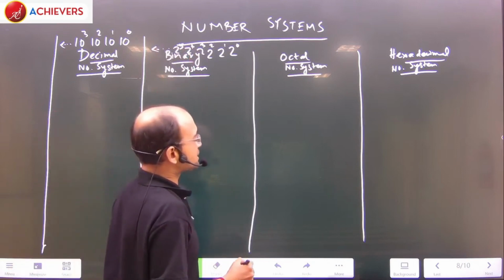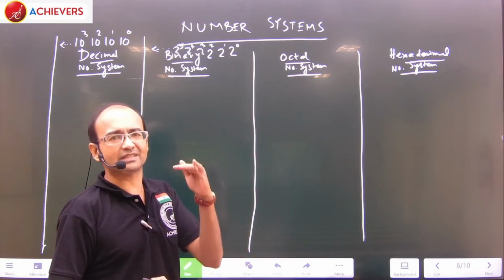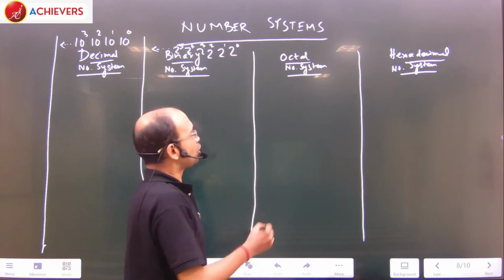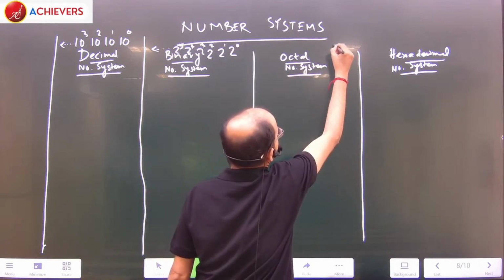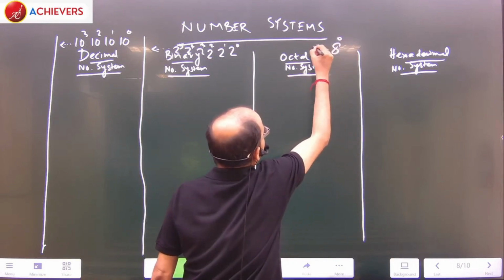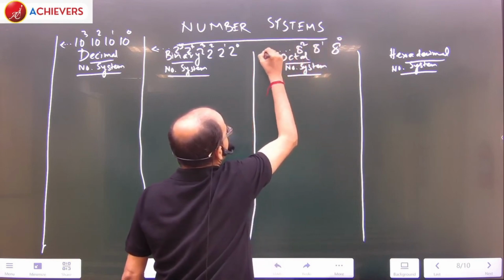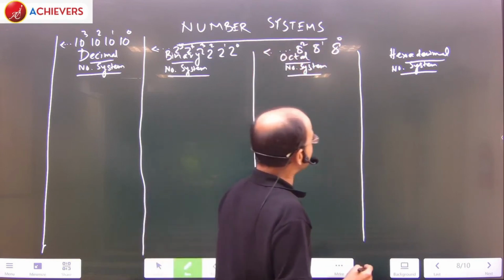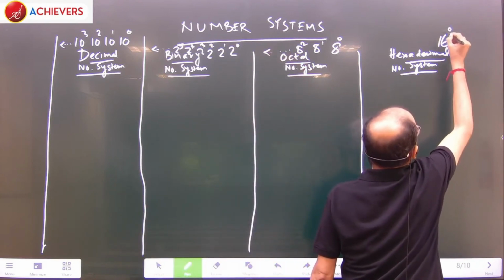In the octal number system, the digits are based on 0 to 7. Octal meaning 8 digits that we have. And in the hexadecimal number system, we will be having the power of 16.